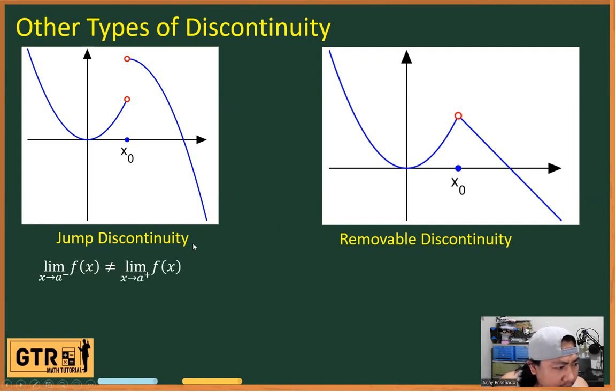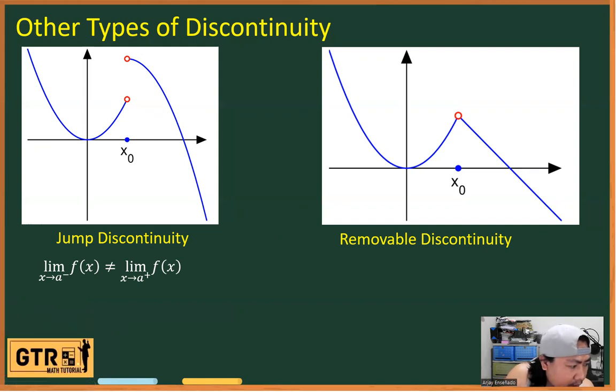So we have for jump discontinuity, the limit of f of x from the left is not equal to the limit of f of x from the right of A. So they have different limits.